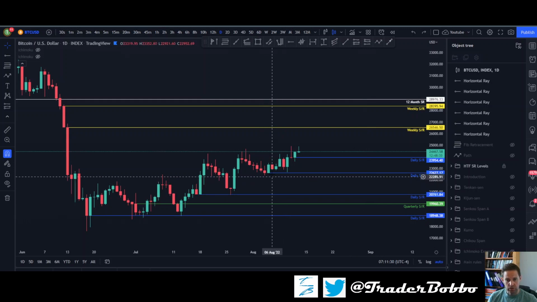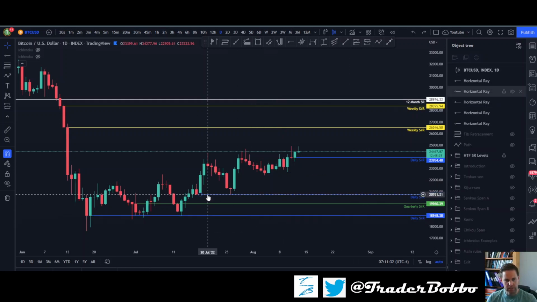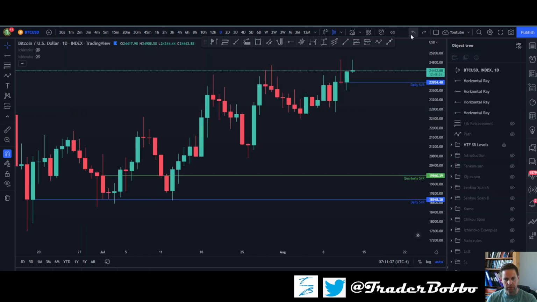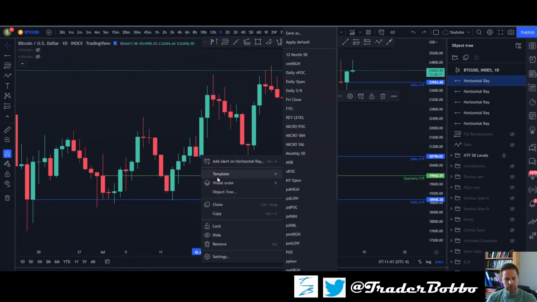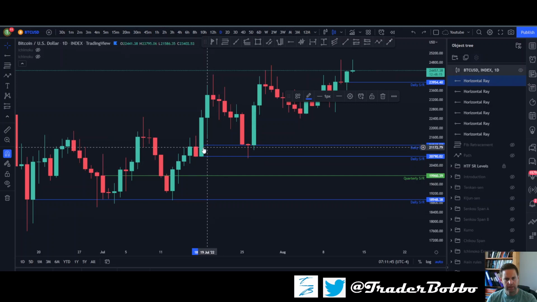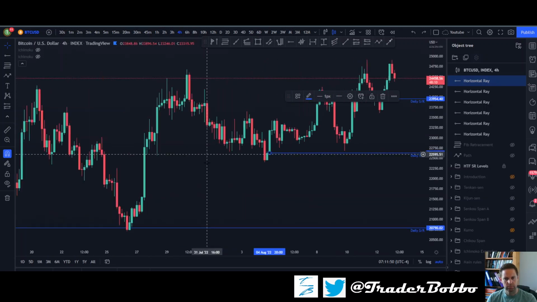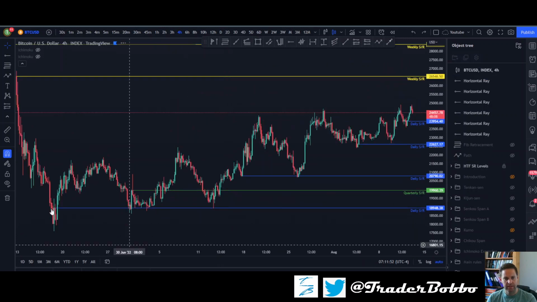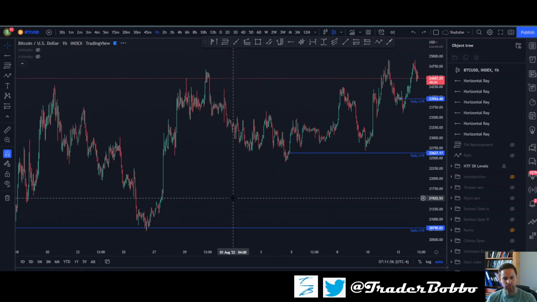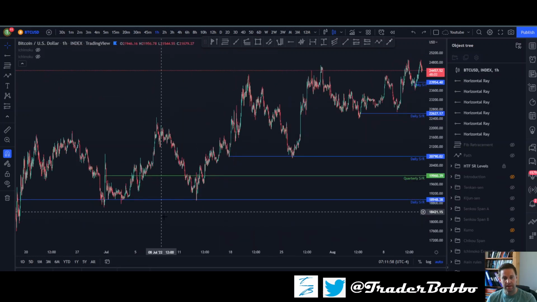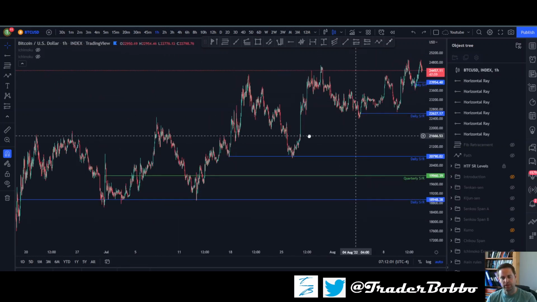So yeah, I try not to clutter my chart up too much. Let's just go back a couple. Let's just put those dailies back on. And if you are trying to get into a trade on the lower time frames, obviously your dailies are very handy when you're zooming more and more, using them as a ladder for the next step up.